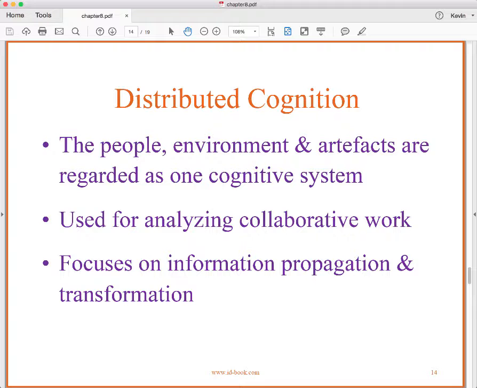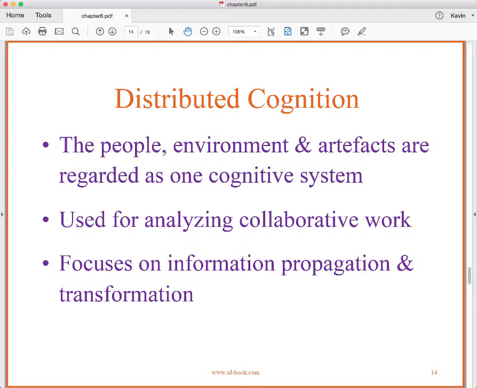This particular person, perhaps in a particular job role, is working in a particular environment when they do it. They take that information and they record it in some kind of artifact.